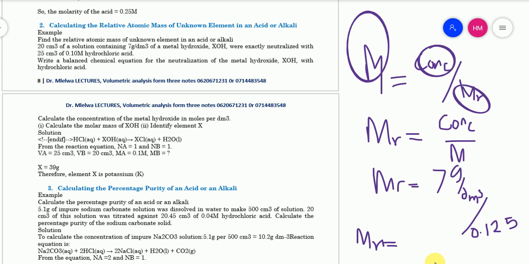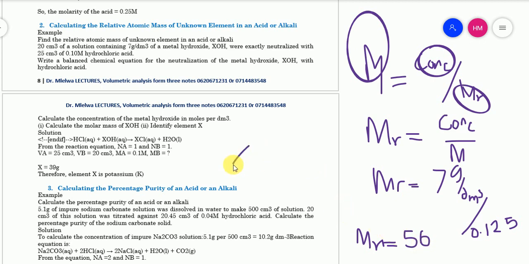Kwa napata 7 gawanya kwa 0.125 utapata ni 56 exactly. Kwa maana kama tu uko vizuri kwenye mathematics hapo utapata 56 exactly. Now 56 is the molar mass of the compound. 56 is the molar mass of the compound.